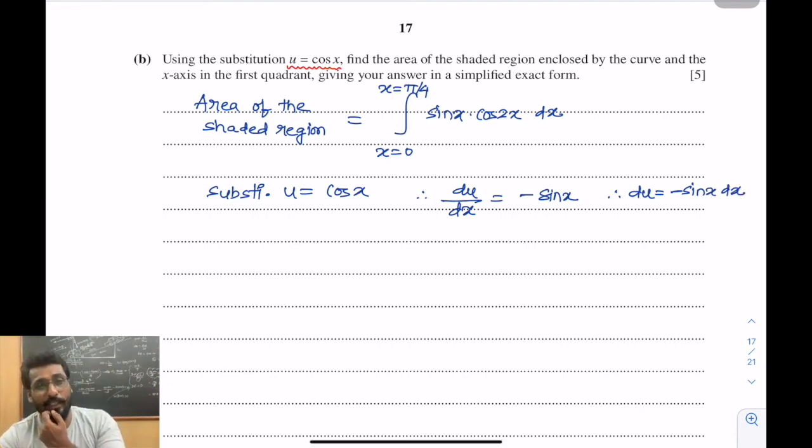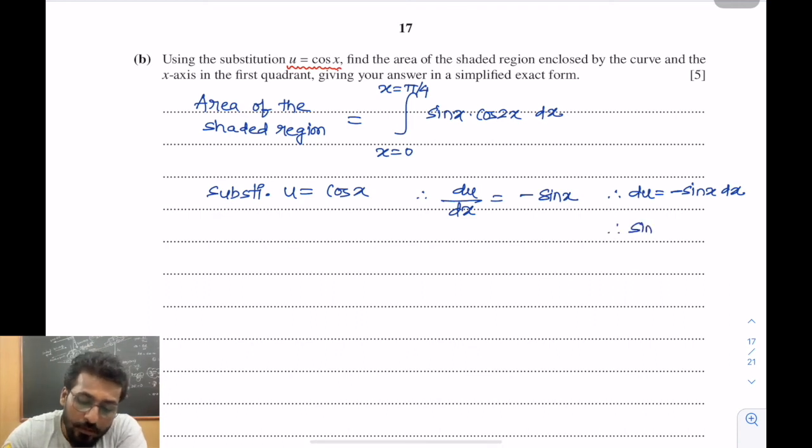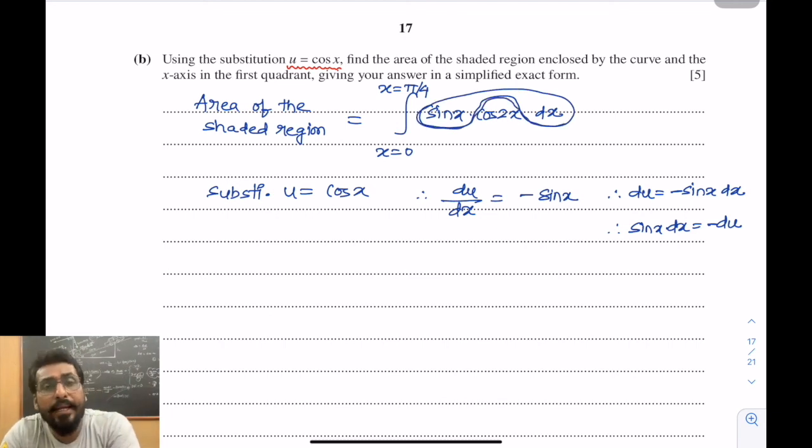So sin x into dx becomes minus du. Therefore, sin x into dx becomes equal to minus du. So this sin x and this dx, they are both going to become minus du.